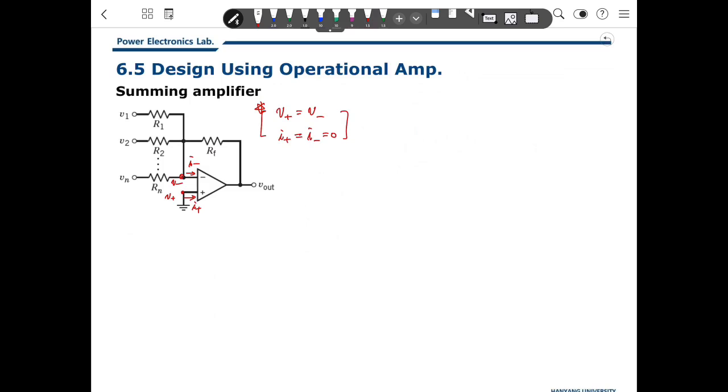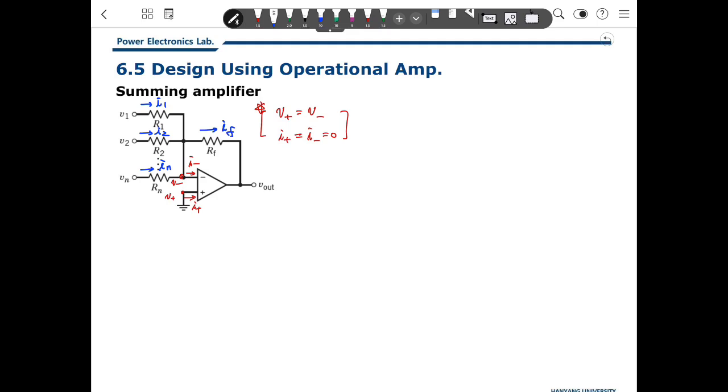Then we need to define some variables. We define this quantity as I1, this quantity as I2, this quantity as IN, and this quantity as IF.